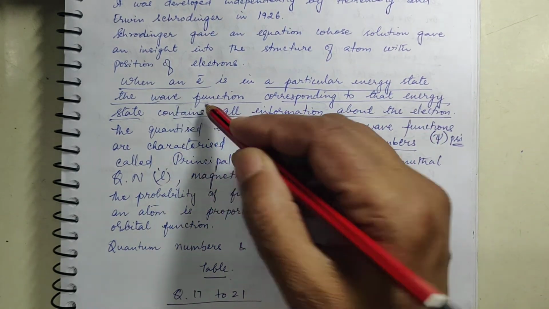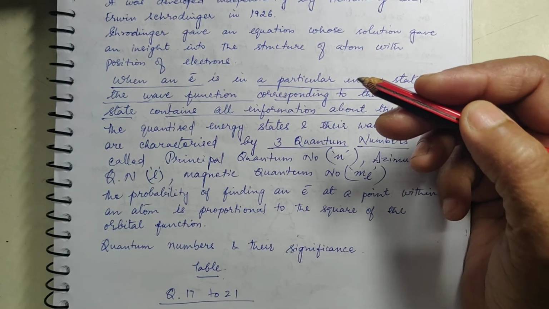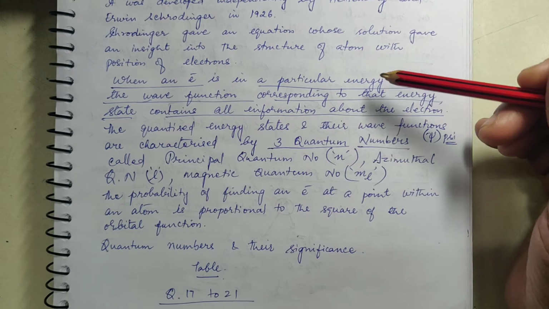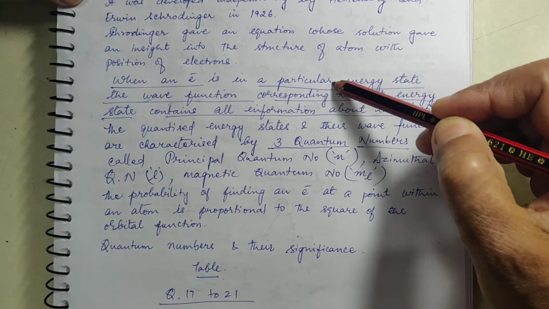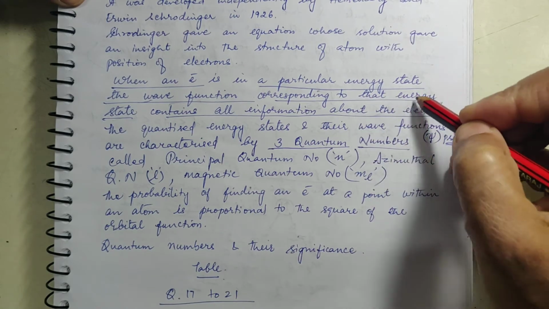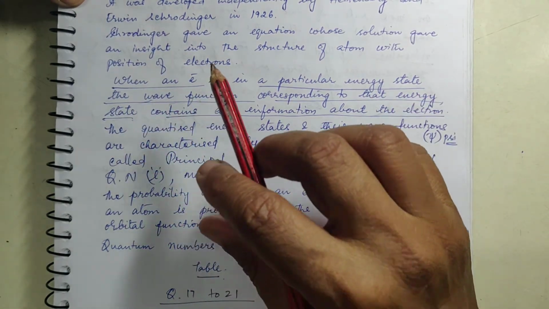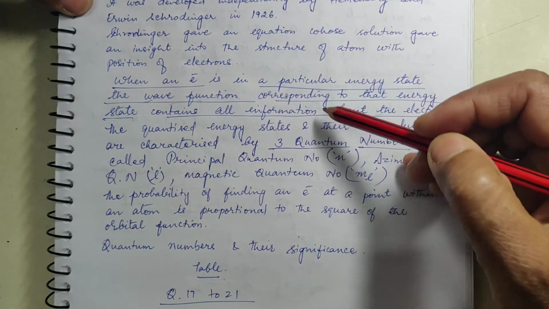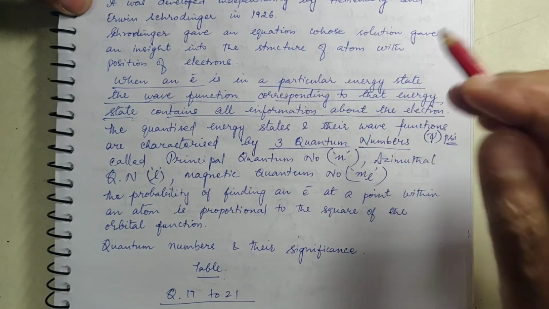See, electron can be considered as a wave as well as a particle, okay? Each and every energy state corresponds to a particular wave function, and that wave function will contain all the information about that electron.